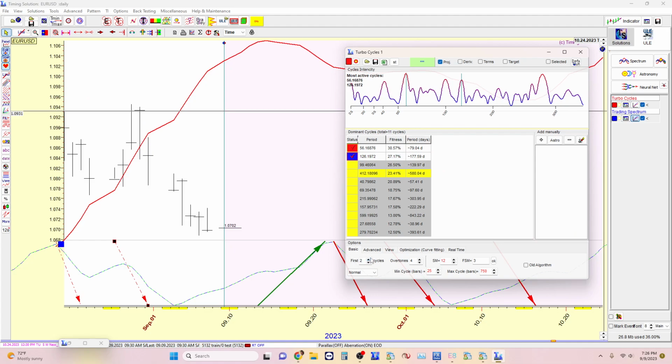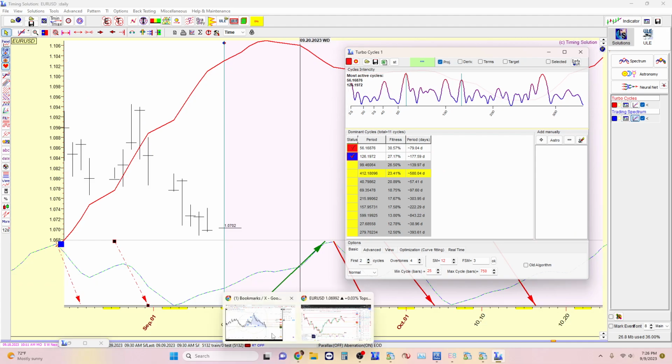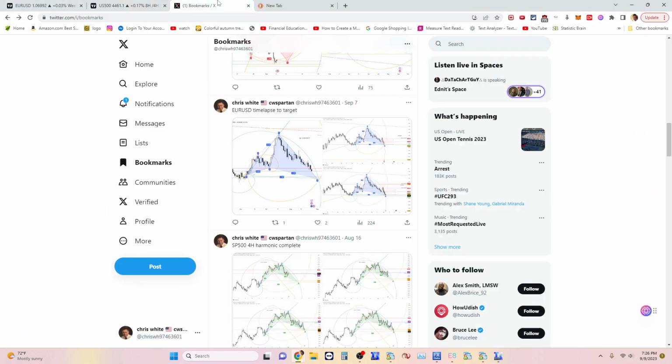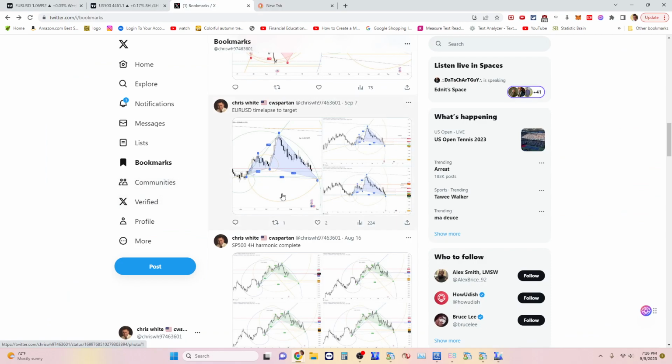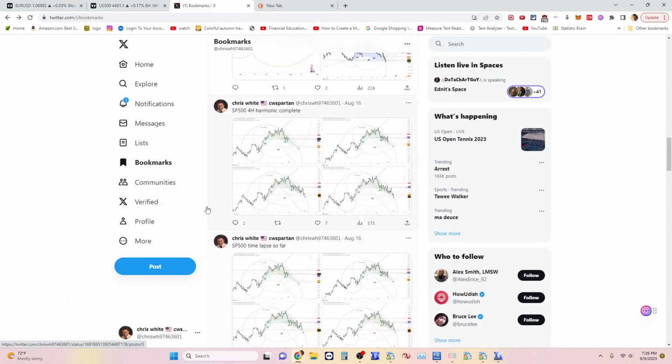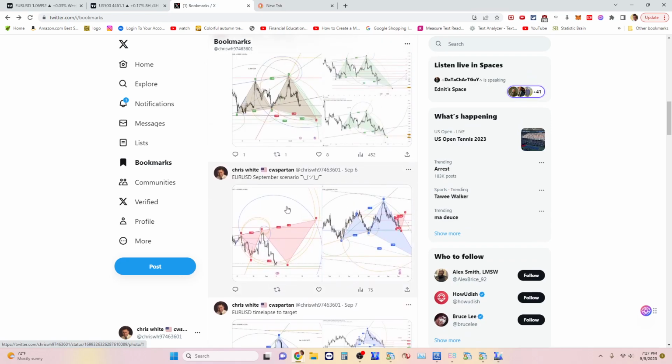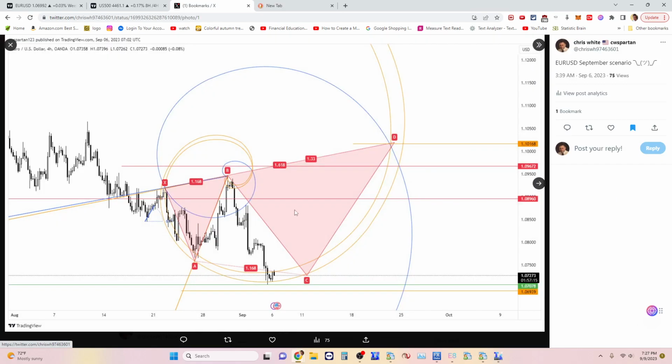And then when I made my forecast for the 4 hour, I think it's here in the bookmarks, and here's some other forecasts that have completed, which I'm going to show, but this is the 4 hour forecast for the Euro USD.